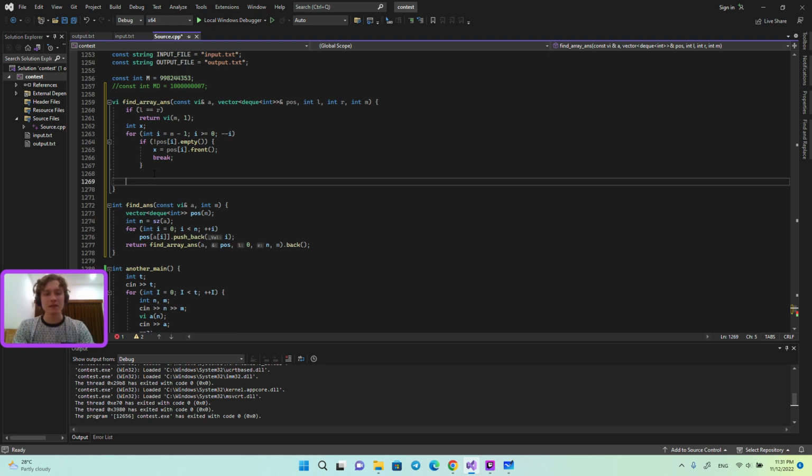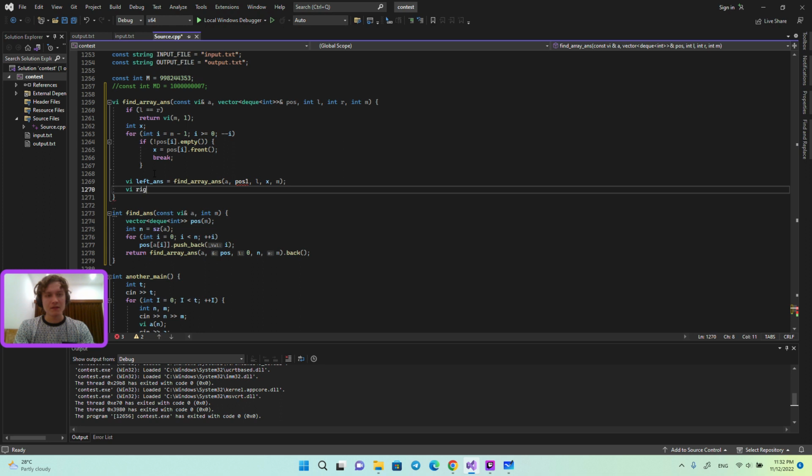So, I mean, we need a left ans equals find array ans of a pos 1 l x minus, no, x m, and vi right ans equals find array ans of a pos 1, not lxm, but x plus 1 rm, rm equals 2.